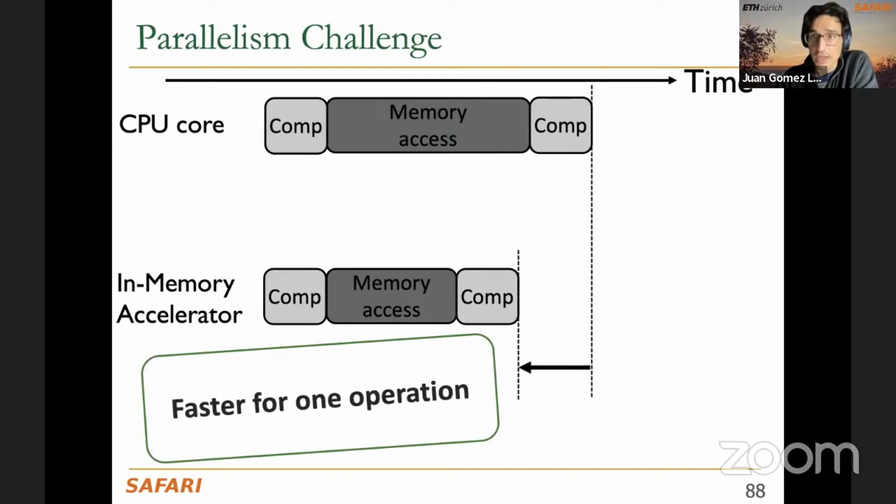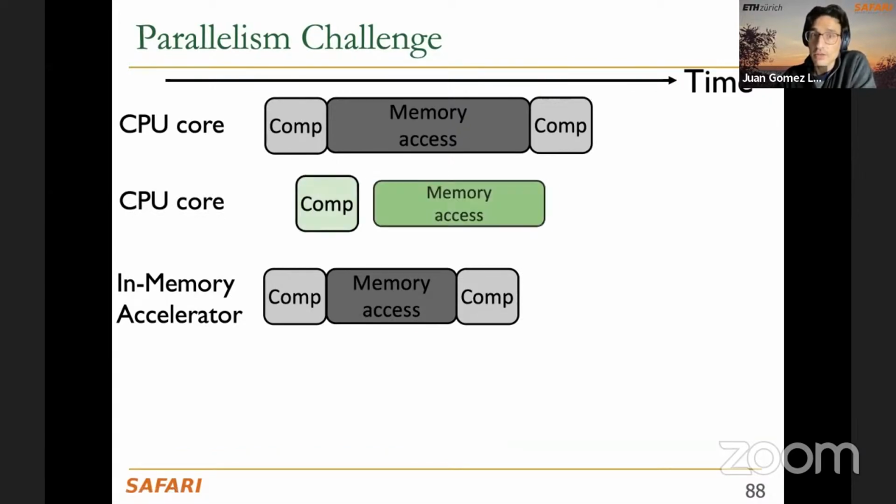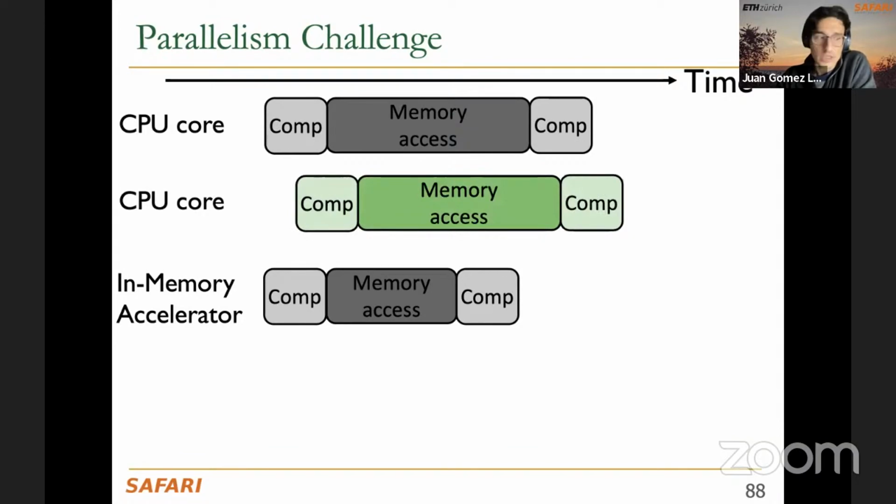And this is great because it gives us some potential for performance improvement. It can be faster for one operation. But the point is that in the host system, we may have many CPU cores, and these CPU cores can execute in parallel, right?